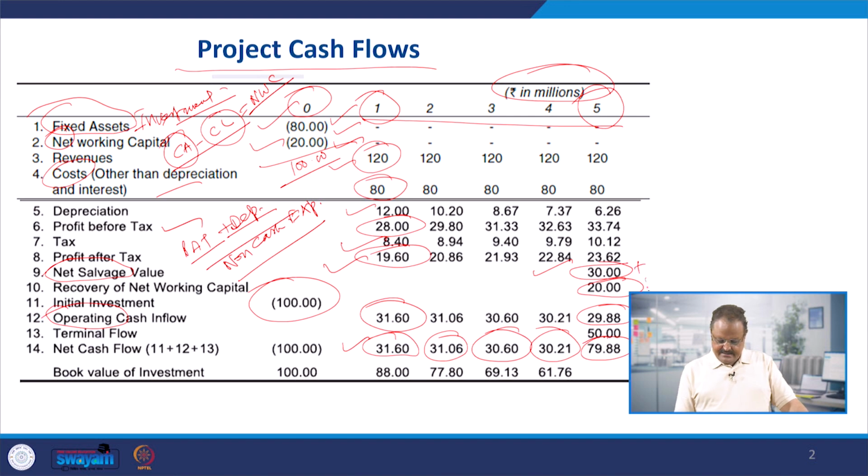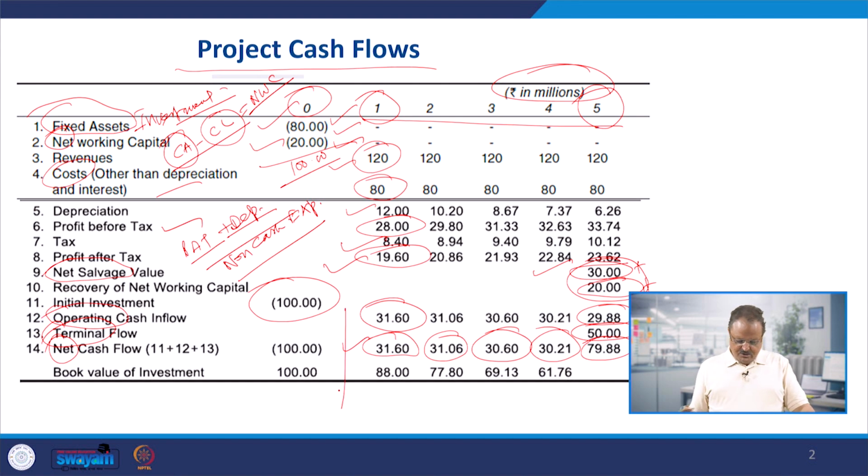The sum total of these two is the terminal cash flow of 50. This is 30 plus 20. 29.88 is basically the operating cash flow. So finally the closing net cash flow at the end of year 5 is 79.88, right? 79.88, and this is what we require actually.